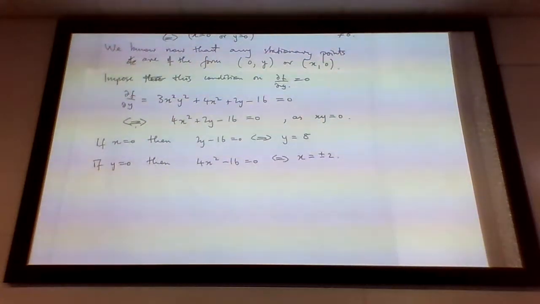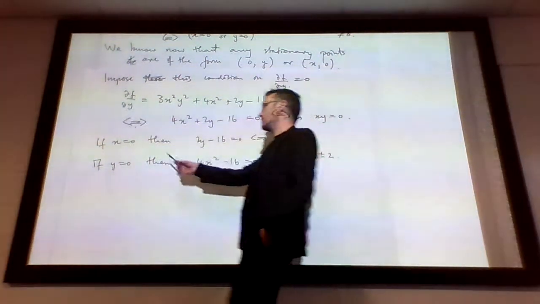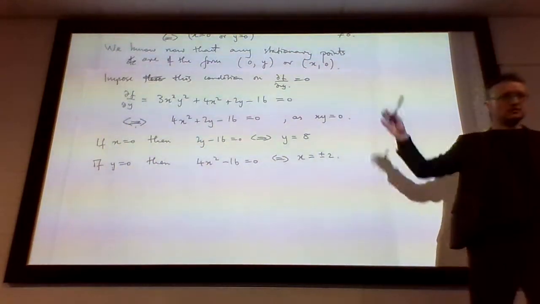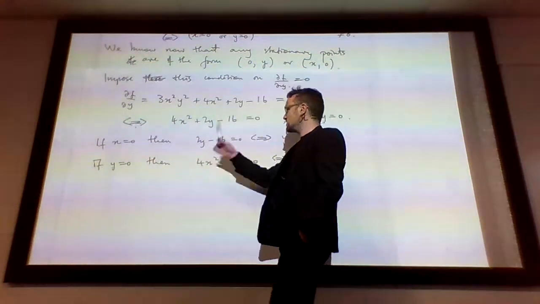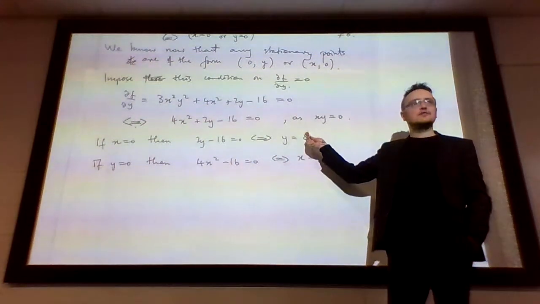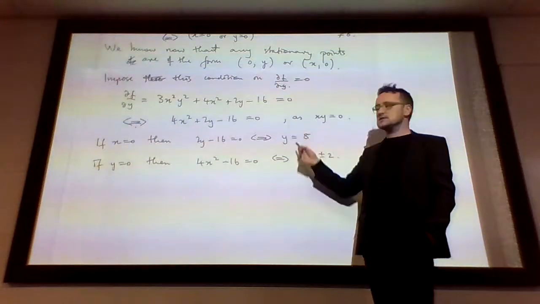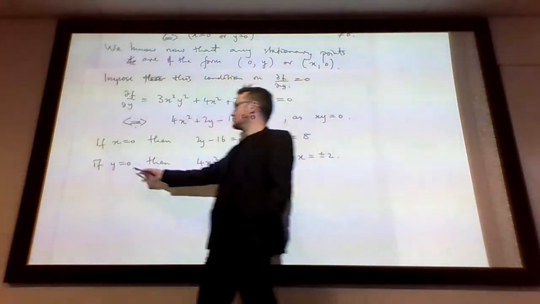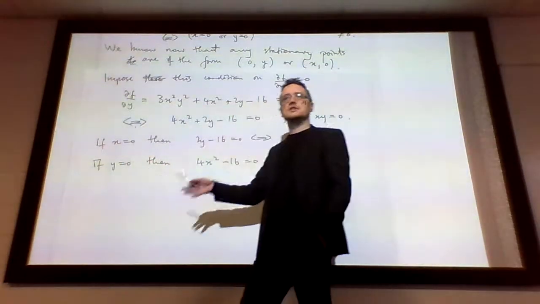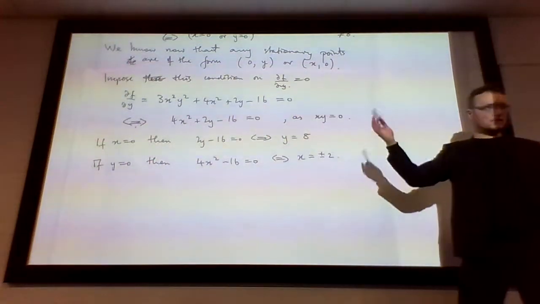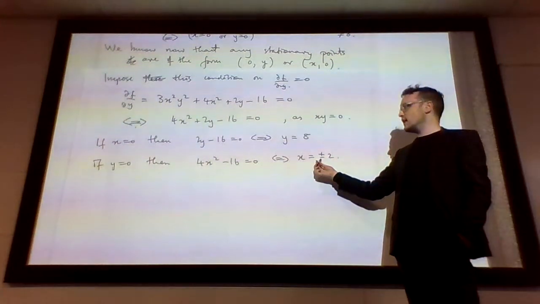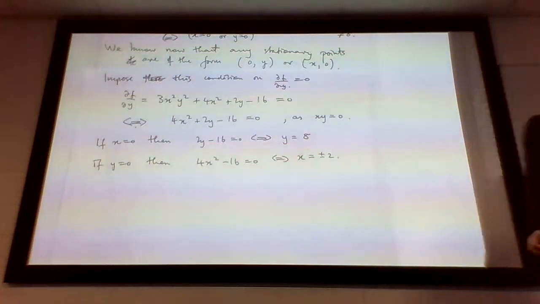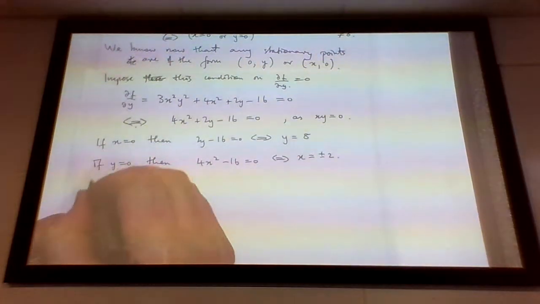So you can see here 3 solutions. One in the case where x is 0, which automatically means it will solve the first equation. But then in order to solve the second equation, we must also have y equals 8. Okay, so 0, 8 is a solution. The other 2 solutions come in the case y equals 0. And if y is 0, it's automatically a solution of the first equation. And then in order to solve the second equation, there's 2 possibilities for x, plus 2 or minus 2.